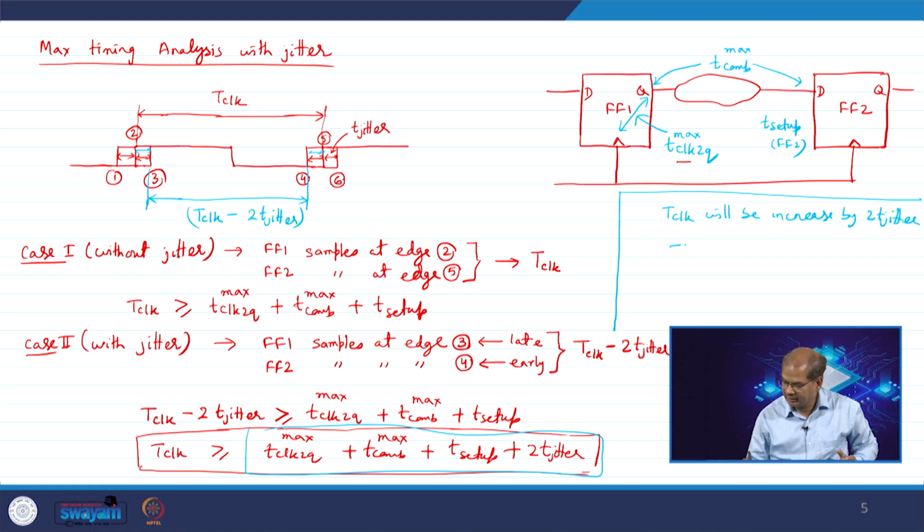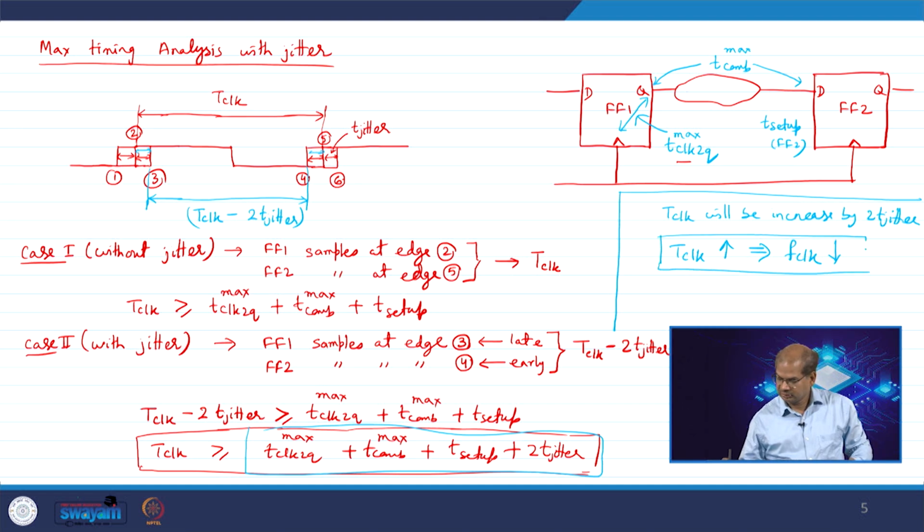If T clock increases, it implies that F clock, my maximum frequency of operation, will decrease. The jitter will reduce the speed of your operation, which is not good. This is all about max timing analysis.